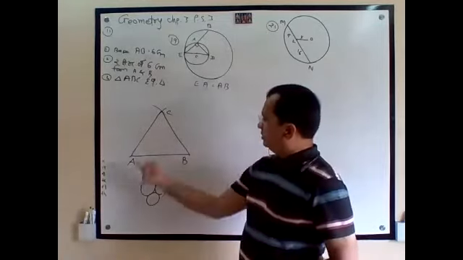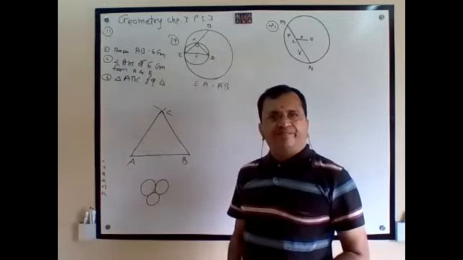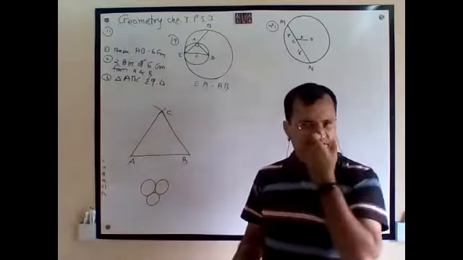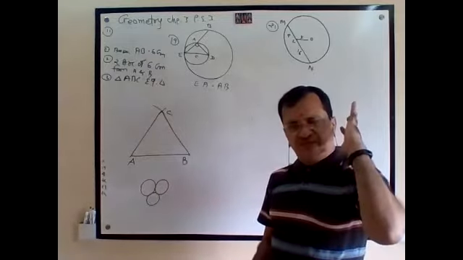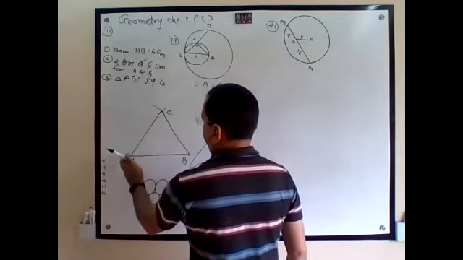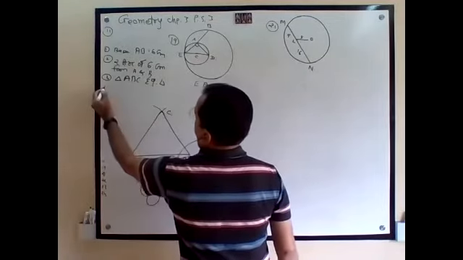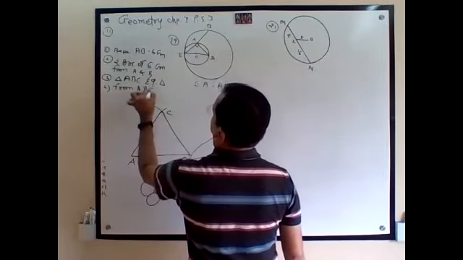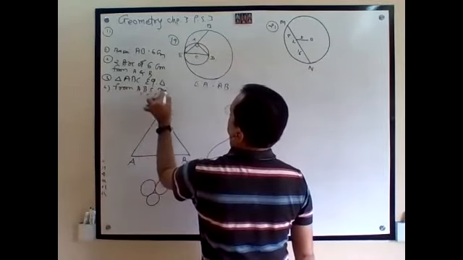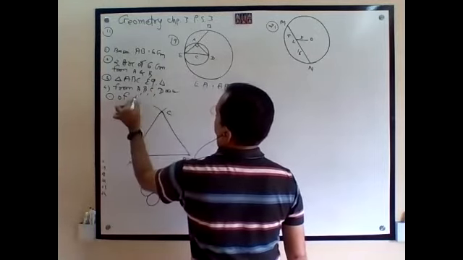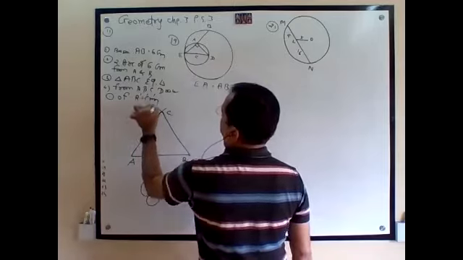So what I have done: 6 centimeter base AB, then an arc from A and an arc from B, so you will get an equilateral triangle of 6 centimeter. Now from A, B, C, draw a circle of radii 3 centimeter.